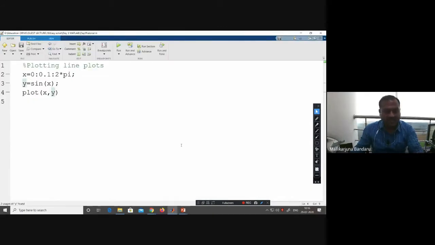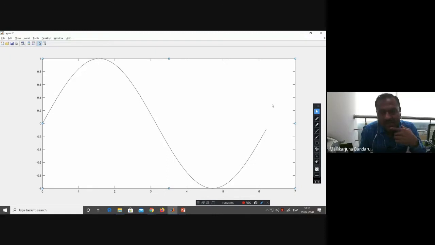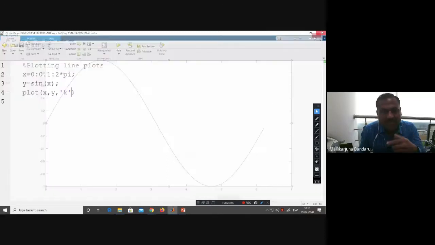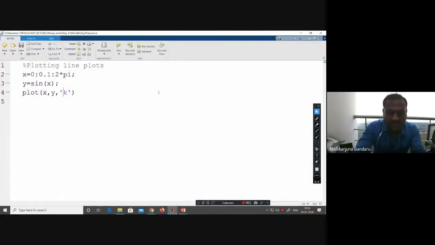See, for the same syntax, plot of x comma y, simply use single quotes. If you mention, suppose k, just see the curve, it is in black, right? Suppose you'd like to make it in red color.